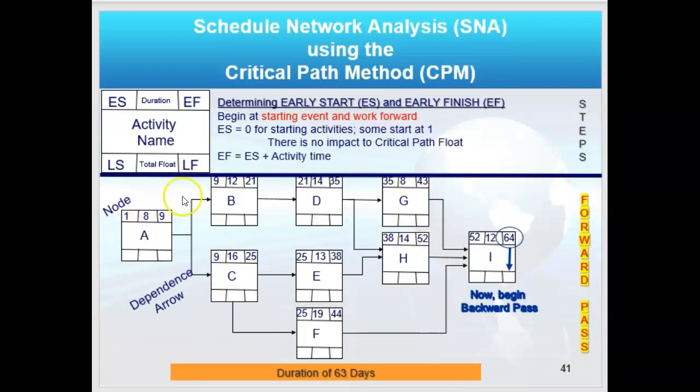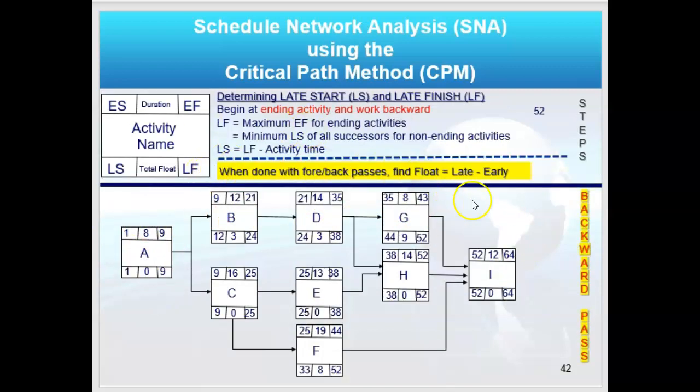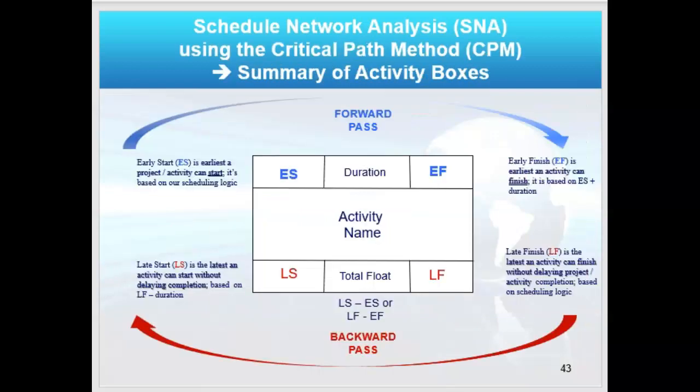And here is what that diagram looks like, and we do a forward pass first. That's over the top of each activity till I get to the end. And then I do a backward pass to do the bottom of these in my schedule network analysis. This is a 1-slide summary of that box, right?